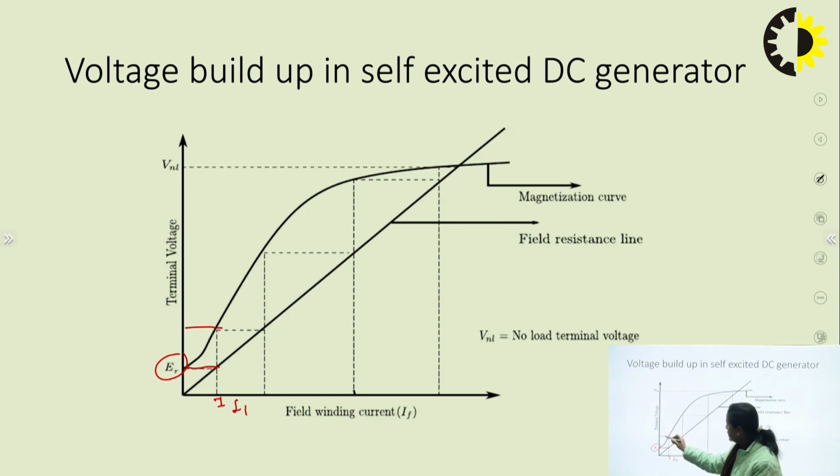Suppose this is E1, and now because of this EMF more current is given to the field winding, so this is IF2, and because of this more EMF will be induced. Likewise this is a cumulative process until it achieves its rated voltage.